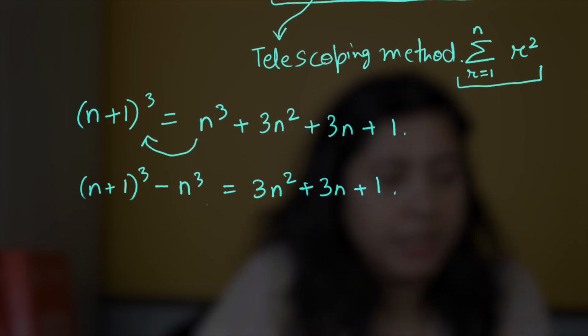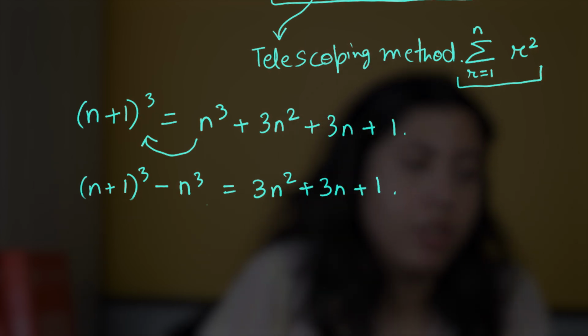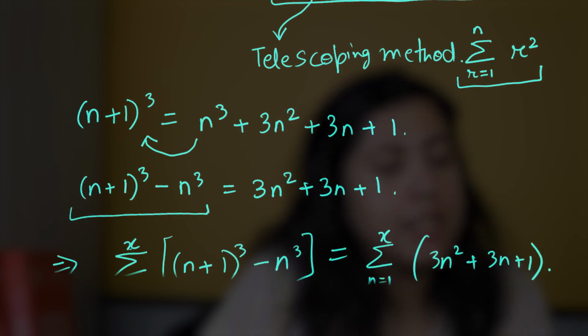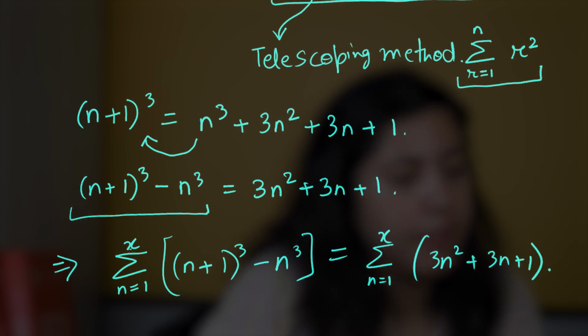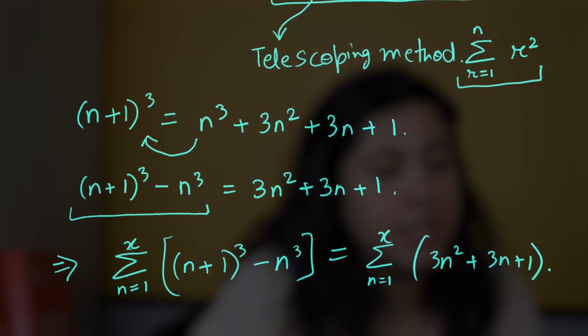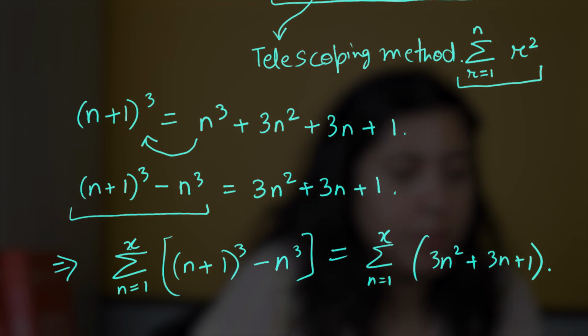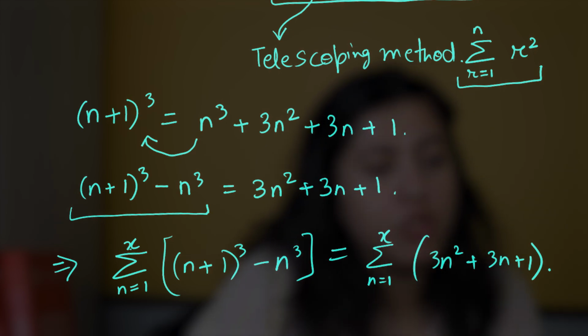Now let's find the summation where n is from 1 till a number x. So that is summation n is equal to 1 till x of n plus 1 whole cube minus n cube, equal to summation of 3n square plus 3n plus 1.